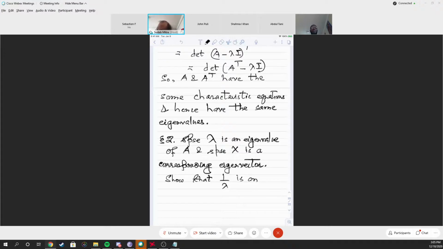I should write: lambda is an eigenvalue of an invertible matrix A, naturally, and X is the corresponding eigenvector.